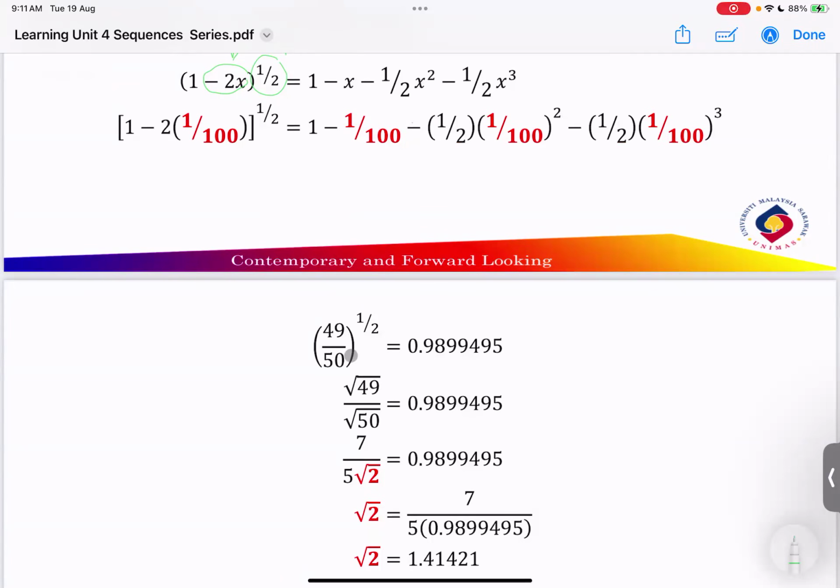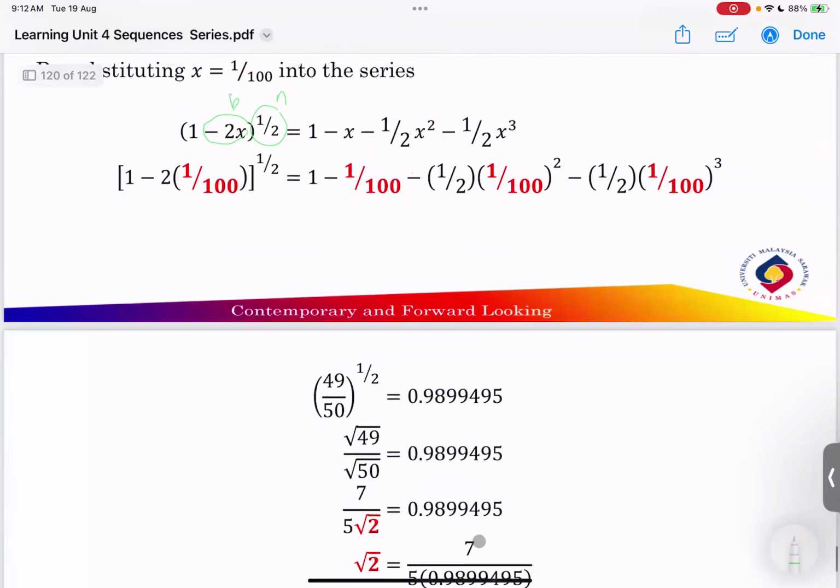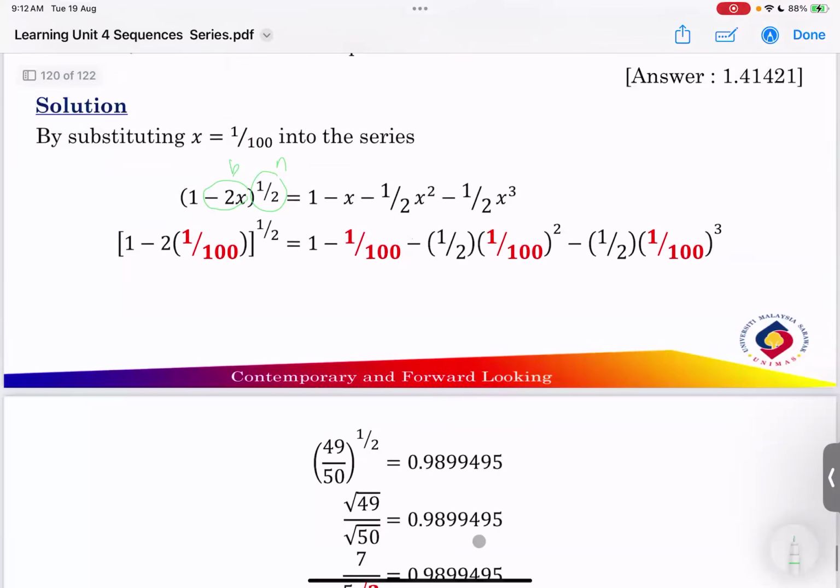All right. So square root of 49 over square root of 50, you get this value. This one becomes 7. This one becomes 5. And then you move these two things over here, you get 1.414121.